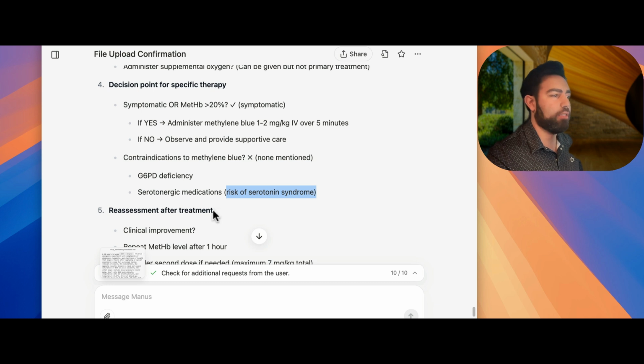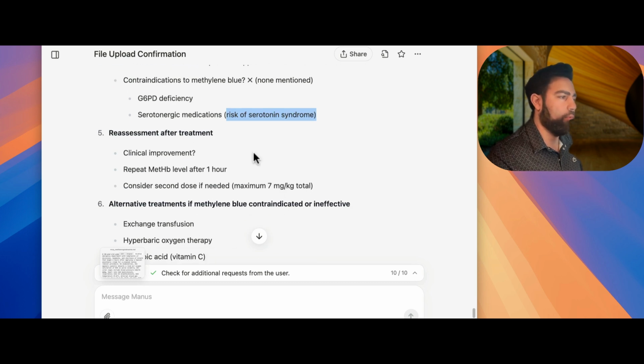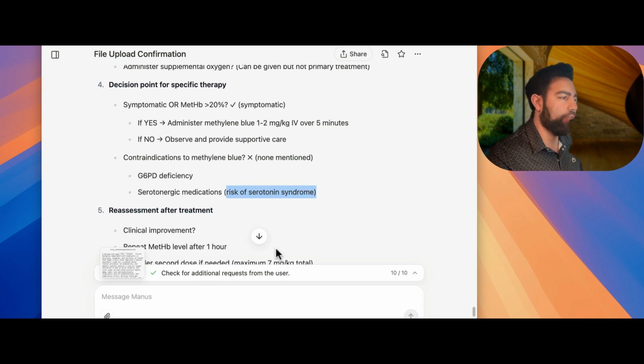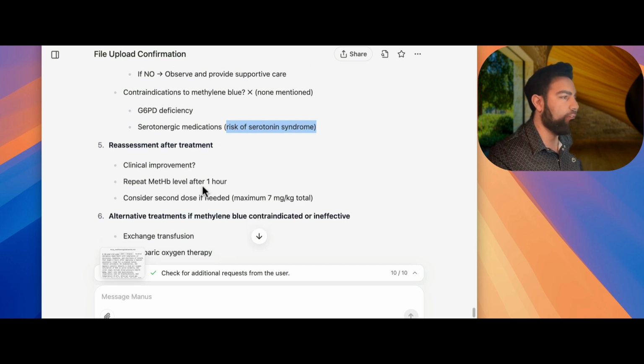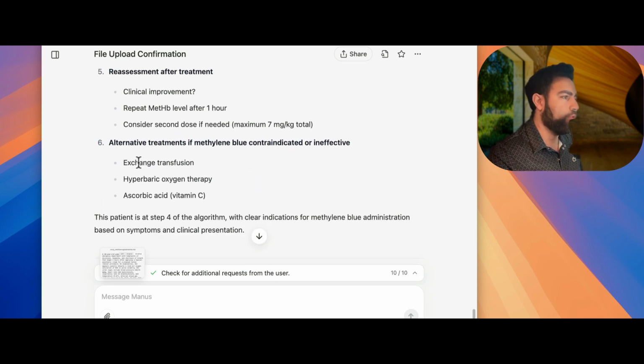They do like to test you on these. They may tell you the patient is started or is on multiple antidepressants, and would you want to give this medication, right? So very important. And reassessment after treatment to see how they're doing, considering a second dose if needed. The maximum is 7 mg per kg total.